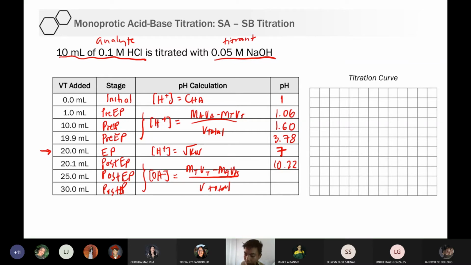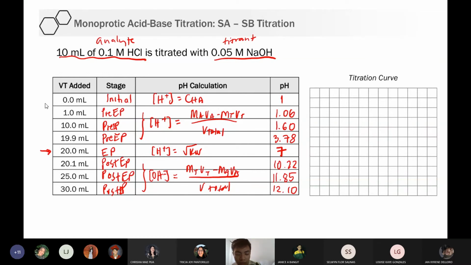Okay, palitan ko yung volume, 25. This is 11.85. And then 30. 12.10. Okay, so these are the pH values at different volumes of titrant.